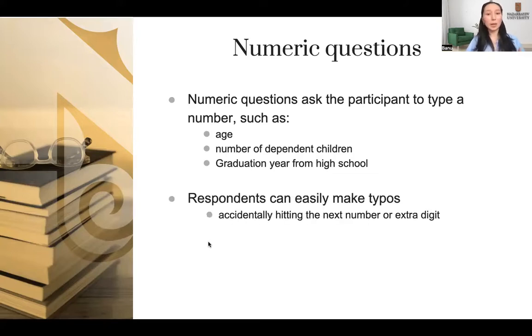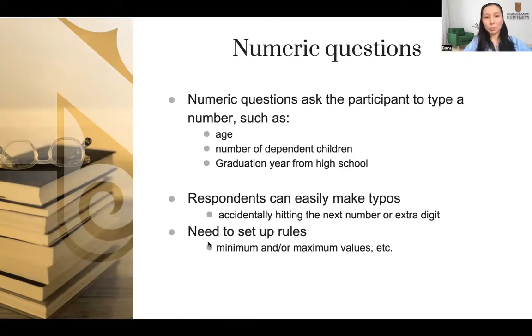Respondents can easily make a typo, like accidentally hit not the one number they intended to, but the number next to it, or press two numbers and add an extra digit. Also, when setting up this question in Qualtrics, for example, or another online survey platform, you usually need to set some rules or boundaries, like it should be not less than this number.